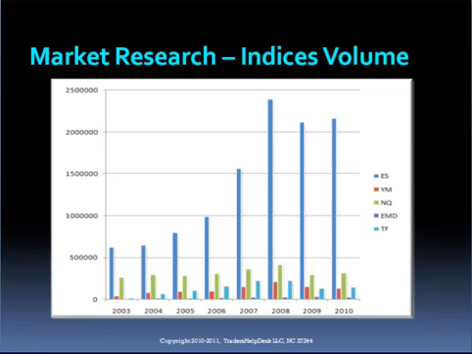So the one that I definitely would not trade would be the EMD, or the mini S&P mid-cap 400, and that is because it has the lowest volume. When you get into a contract that has low volume, you're also getting in for more slippage than you do with the other contracts. So we know that we cannot trade the EMD, but we could trade the ES, the Dow, the Nasdaq, or the Russell.